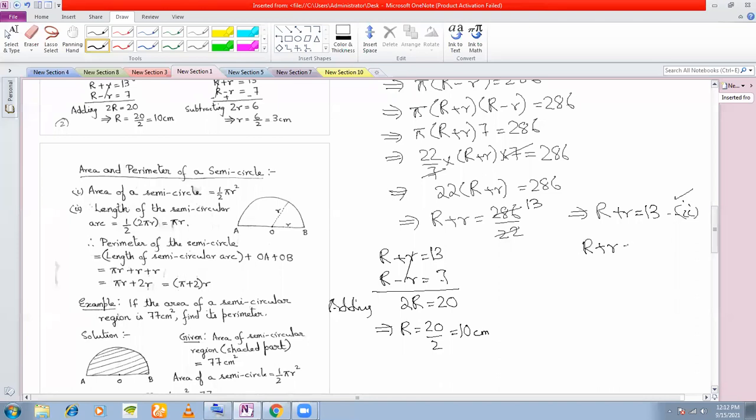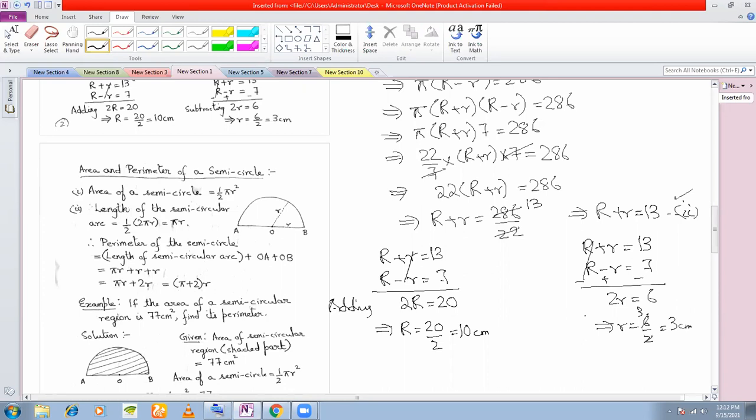Subtract the two equations. Two r is equal to 6. Means you get r is equal to 6 by 2, which is equal to 3 centimeters. So your outer radius is 10 centimeters, inner radius is 3 centimeters. And that is your answer. That is what you are required to find.